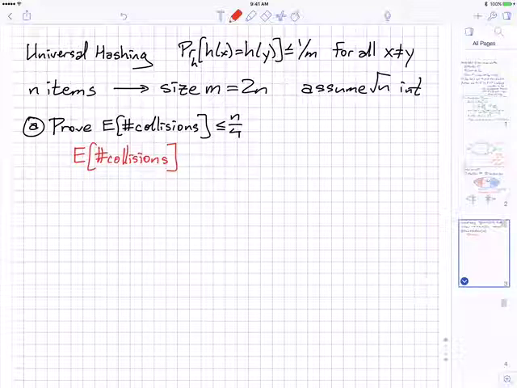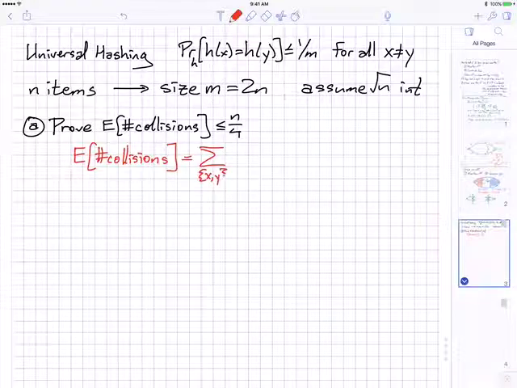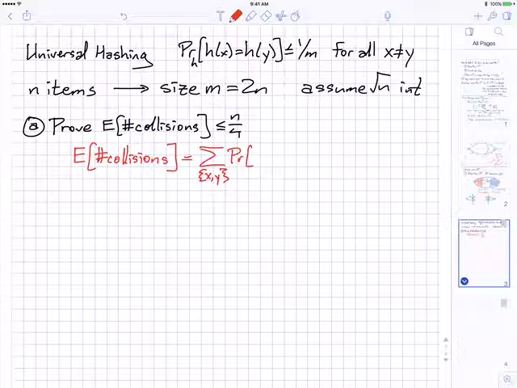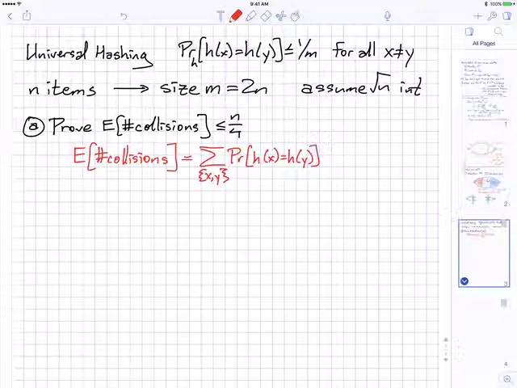In this particular case, what I'm summing over is all unordered pairs of items, all pairs of things that might collide. I can express the total number of collisions as a sum over all pairs x,y of 1 if h of x and h of y are equal and 0 otherwise. And as usual, I can then decompose this expected value into a sum of probabilities.